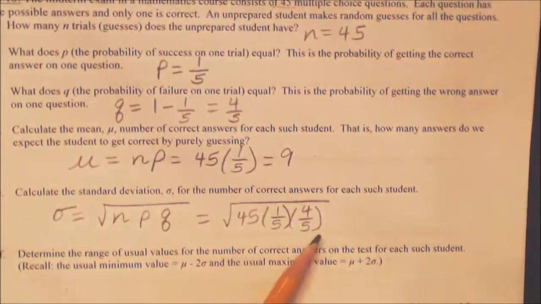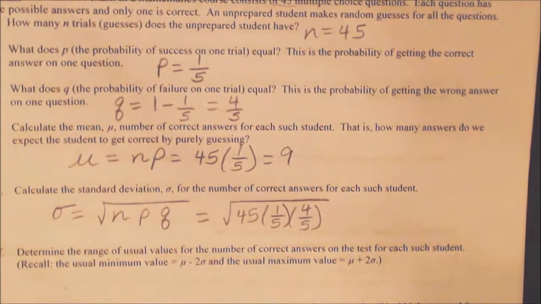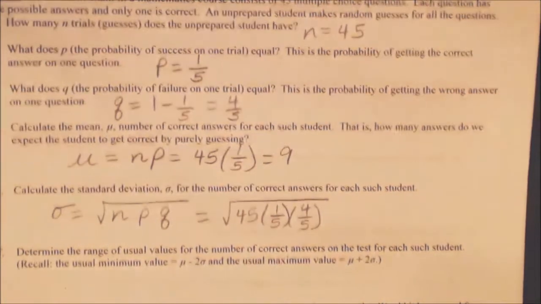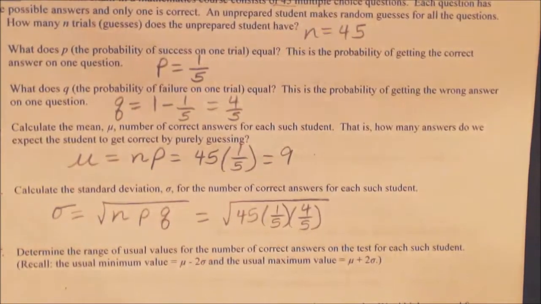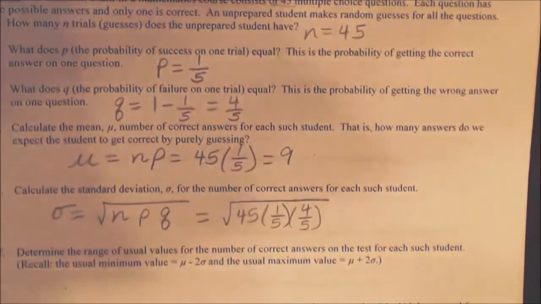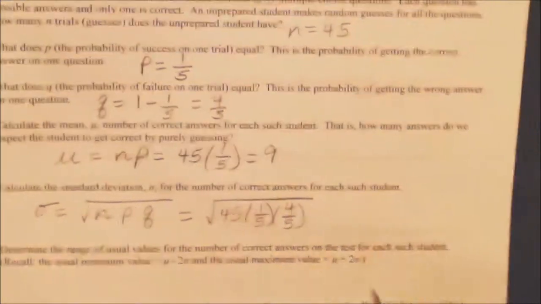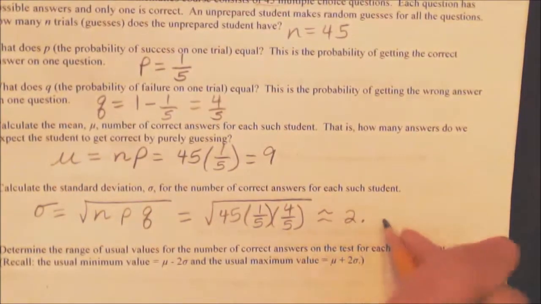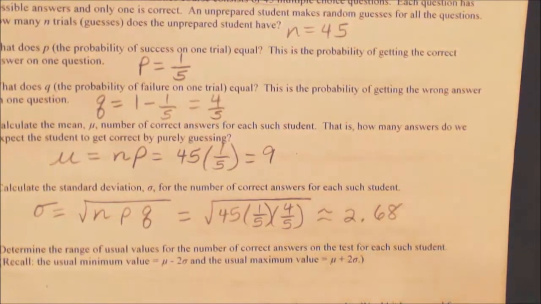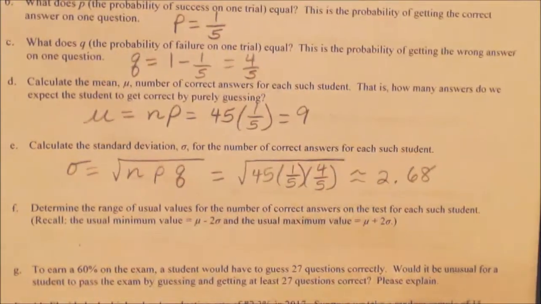This is 20% times 80%. So let me put this into the calculator. So 20% times 80% times 45. And then if we take the square root of that, I'm getting about 2.68 if we round it to 2 decimal places.